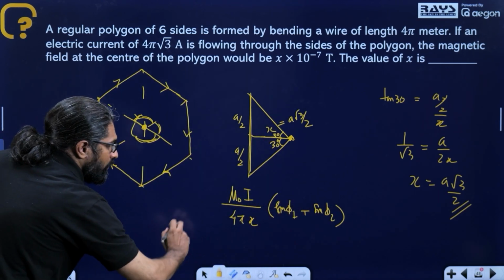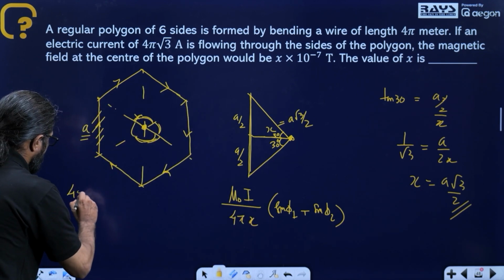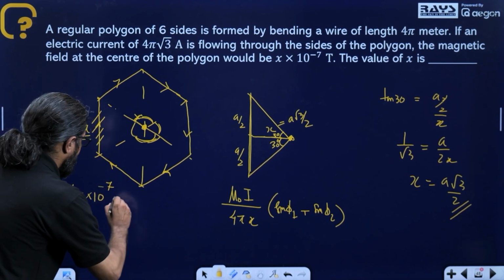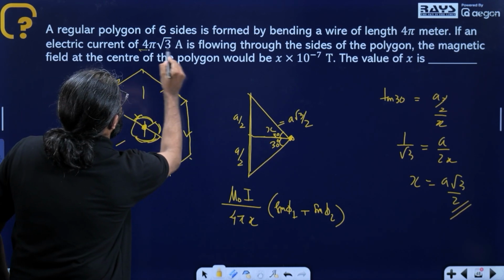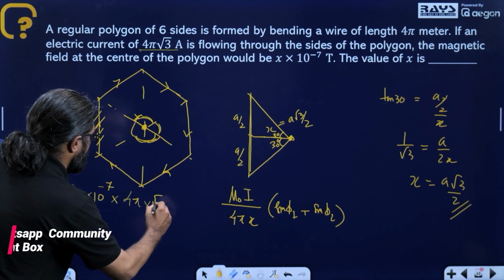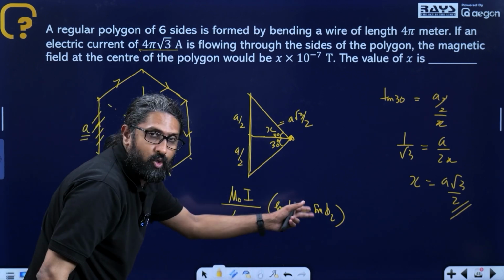Then you have mu 0, ശ്രദ്ധിക്കുക ഓരോ ടേമും കൊടുക്കാൻ പോവാണ് നമ്മൾ. mu 0 എന്ന് പറയുന്നത് 4 pi into 10 raised to minus 7 ആണ്. That multiplied with i, ക്വസ്റ്റ്യനിൽ പറഞ്ഞിട്ടുണ്ട് i എന്താണ്, 4 pi into root 3, that much ampere ആണ്. sin phi 1 plus sin phi 2, 1/2 plus 1/2, 1 വരും.